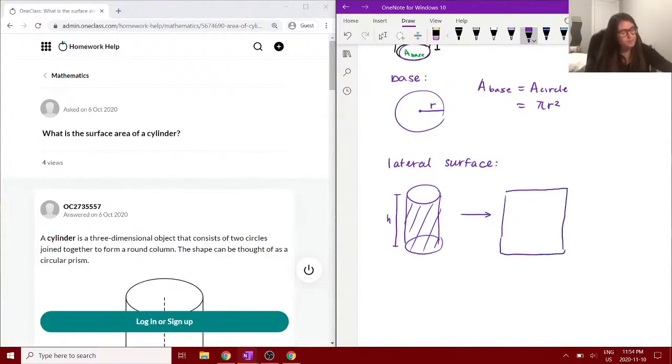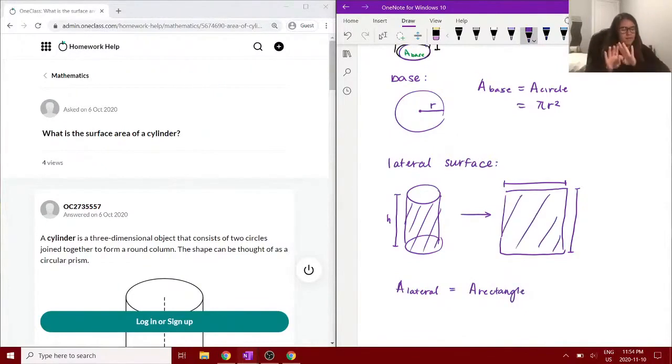So the area of the lateral surface is equal to the area of the rectangle. Imagine unrolling it: it's the same area, just on a flat surface.